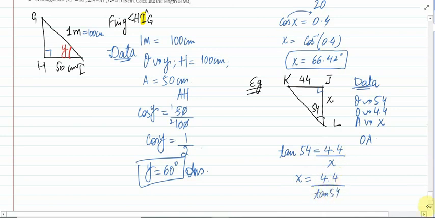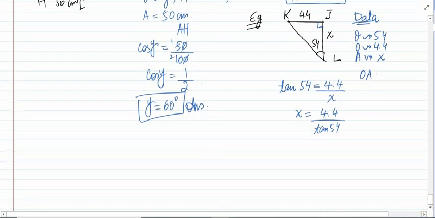So that is my subject X, right? Now you need to find the value of tan 54. It's 1.37. So 4.4 divided by 1.37 gives us the value of X. 4.4 divided by 1.37 is basically 3.21, and that is your answer, right?